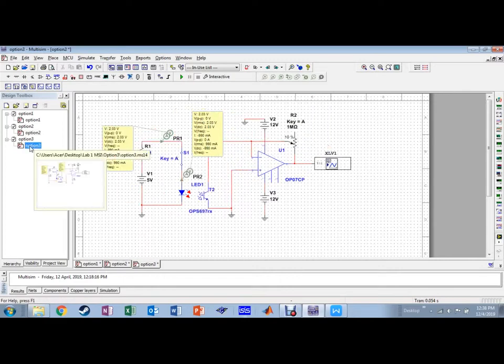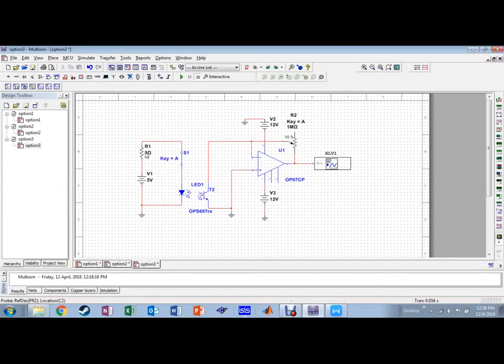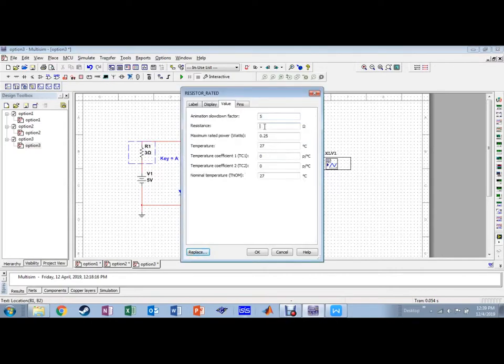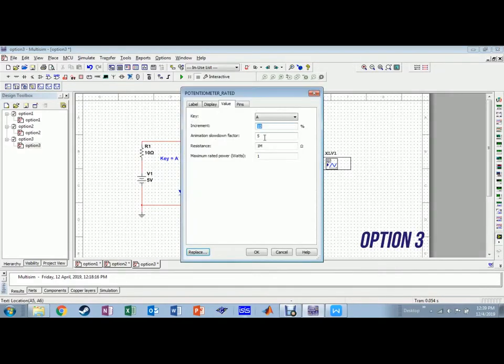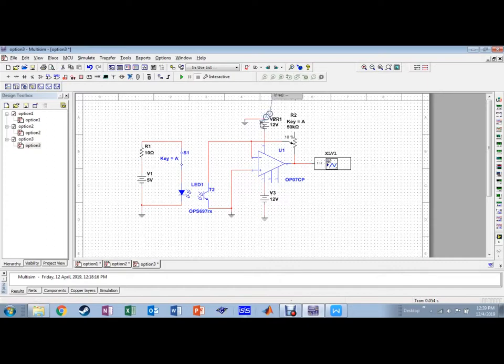Let's try for option 3. As usual, delete this probe. We don't need this. We change this back to 10 ohm. And this 10%. Select resistance, we change to 50k. Place the probe at point D, point F. Run it.